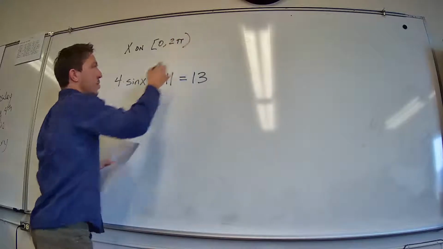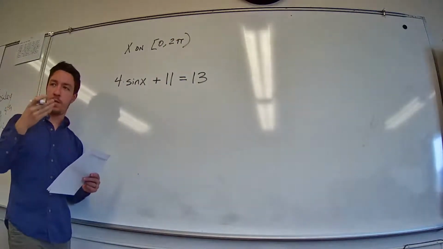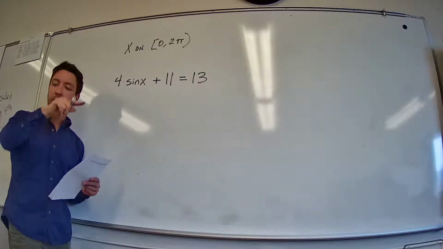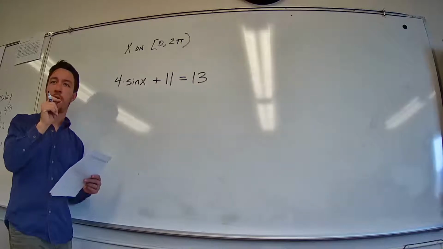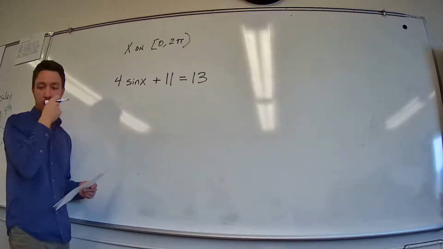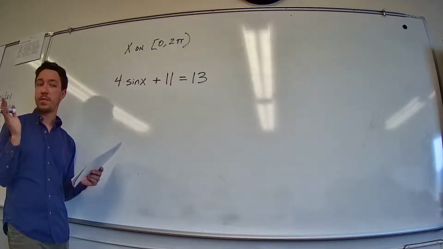So if you think of x as being some angle measurement on a unit circle, they're talking about under 1 full counterclockwise rotation, how many values do you hit along the way that satisfy this equation, that make it true? Do you understand the basic idea before we get into the calculation side of things?